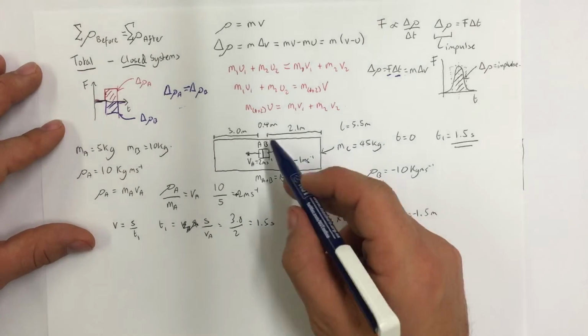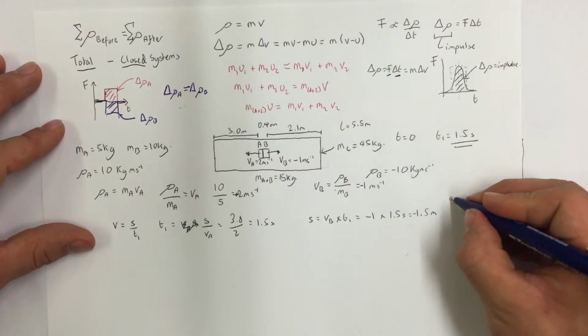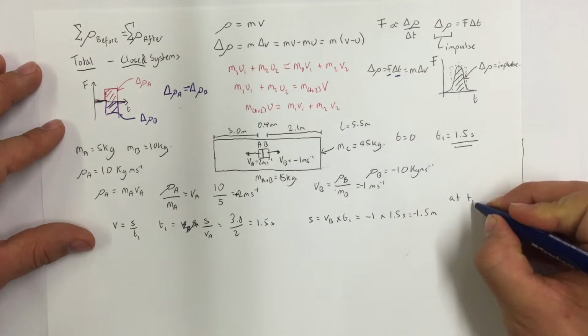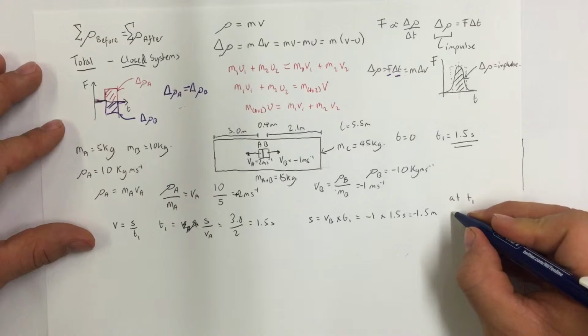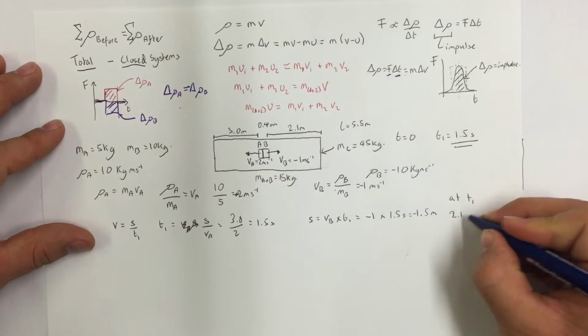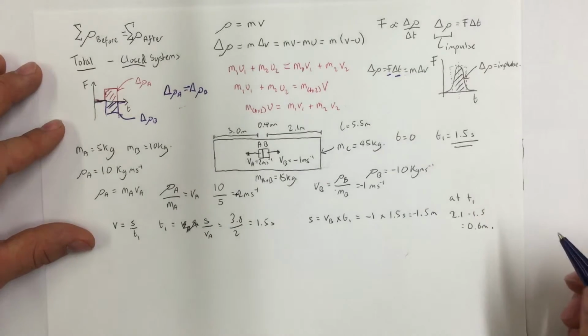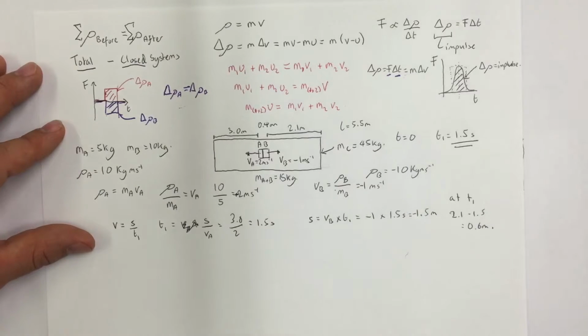And then that means since it had 2.1 meters to go at time t1, the distance it's still got left to go is 2.1 minus 1.5, which is 0.6 meters. So that's how far it's got left to go.